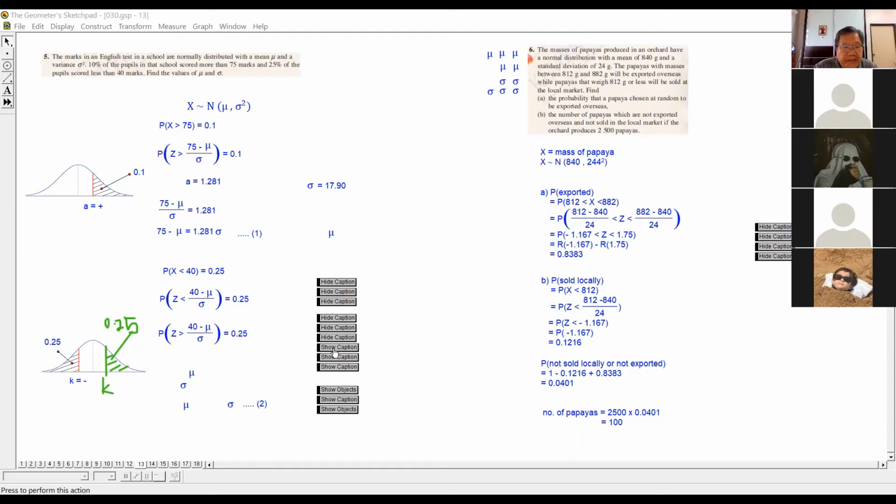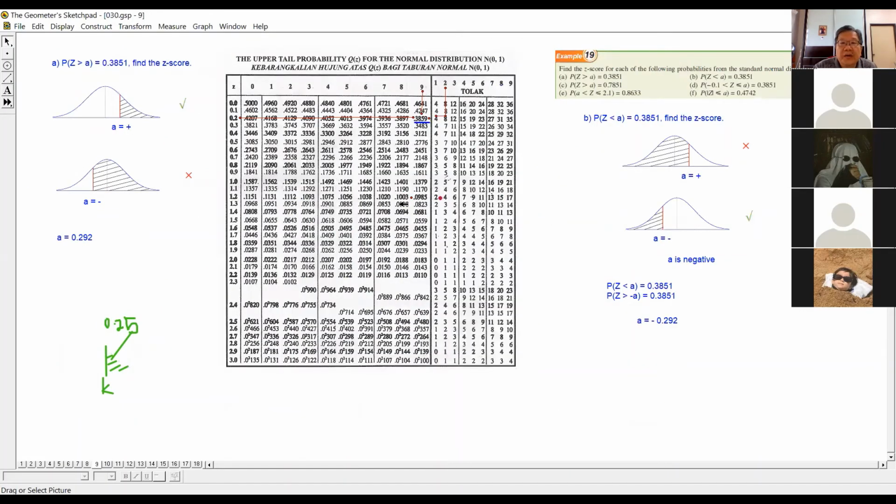Next, I'm going to look at the table for this number 0.25. I make a dot there first. It's here. So 0.25 is between two numbers, 2514 and 2483.